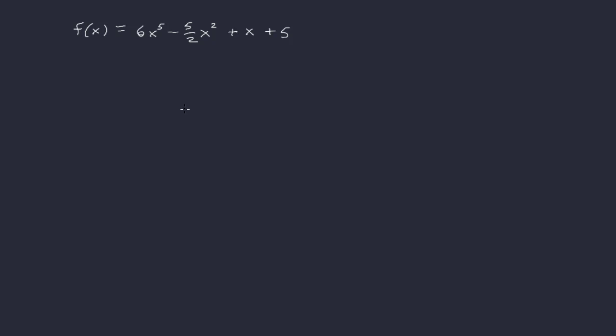Alright, let's start by looking at this function. Let's say f of x is equal to 6x to the 5th minus 5 halves x squared plus x plus 5. Alright, so to find f prime, what I want to mention here is never call the derivative f. Never just say it equals whatever, okay? There's a huge difference between the original function and the derivative. So we need to be really careful about what we call them.